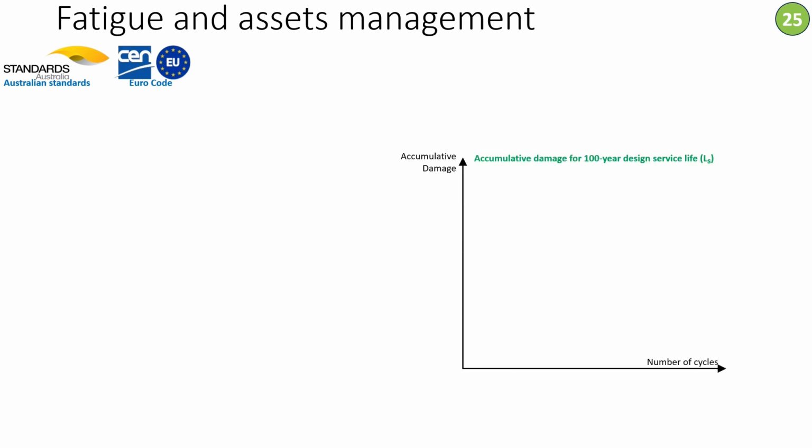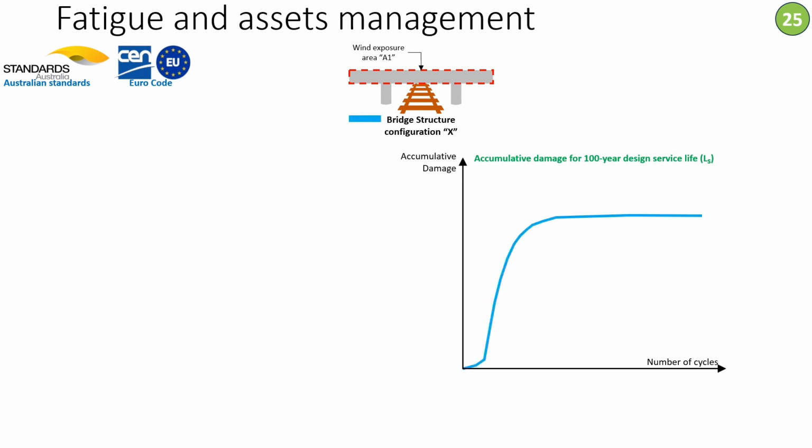So we have our accumulative damage curve for 100 years design service life, and we're going to use the same example that we used in the previous slide, which is an existing pedestrian bridge over a rail corridor with wind exposure area 1, with the same age, 35 years, and the same design service life, 100 years.